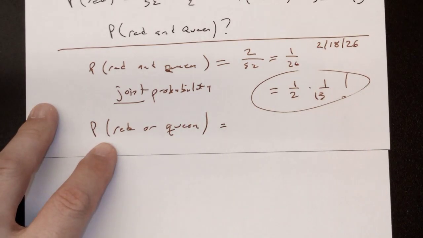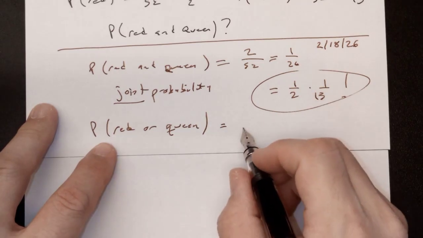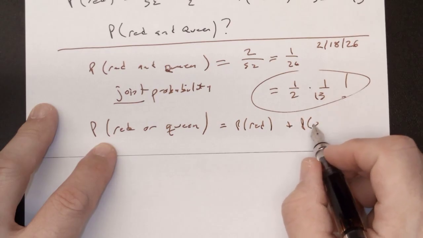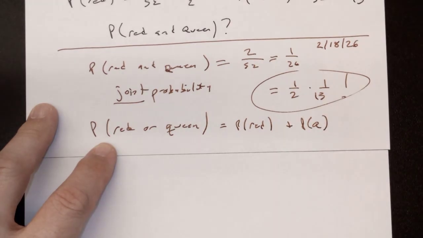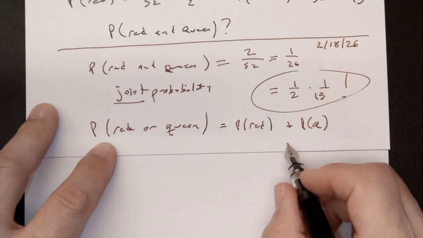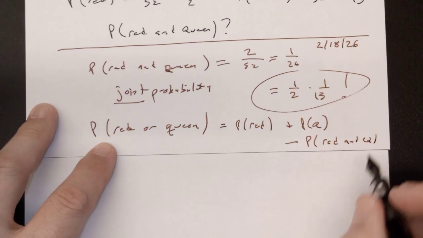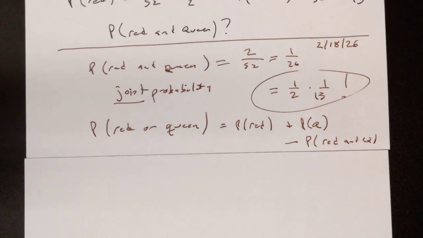So we actually have 2 different ways of thinking of this. I can think of how I count all the cards separately, or I can count the reds. I can count the queens. But then I will have double counted the red queens, right? So I'll take off the chance of red and queen, our joint probability that we just figured out.